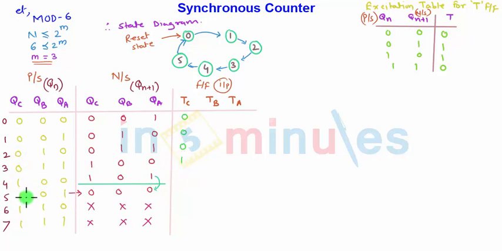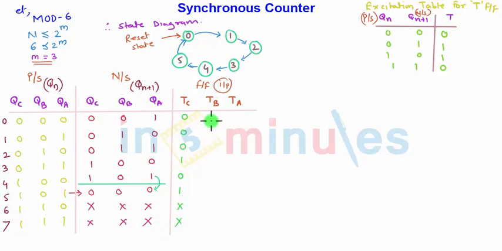For 1, 1, the output is 0. For 1, 0, the output is 1. And for the last two states, the present state is 1 don't care and don't care. Since there is no such combination present in the excitation table, I will simply put TC as don't care here.